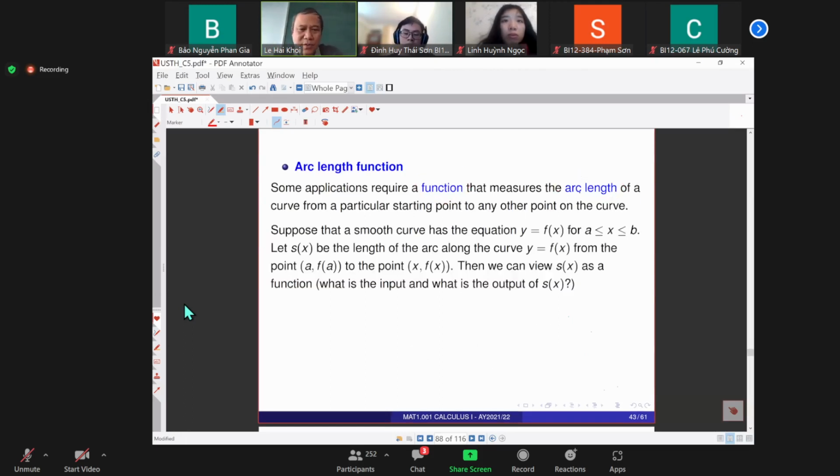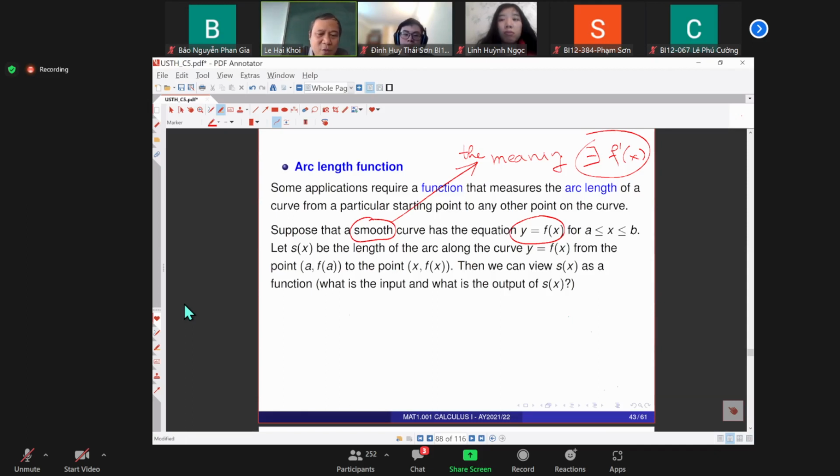So suppose, for example, you have a smooth curve with equation y equals f of x from A to B. Smooth here, I remind again, means there exists f prime of x. So the derivative exists, or smooth means the function is differentiable on the interval AB.